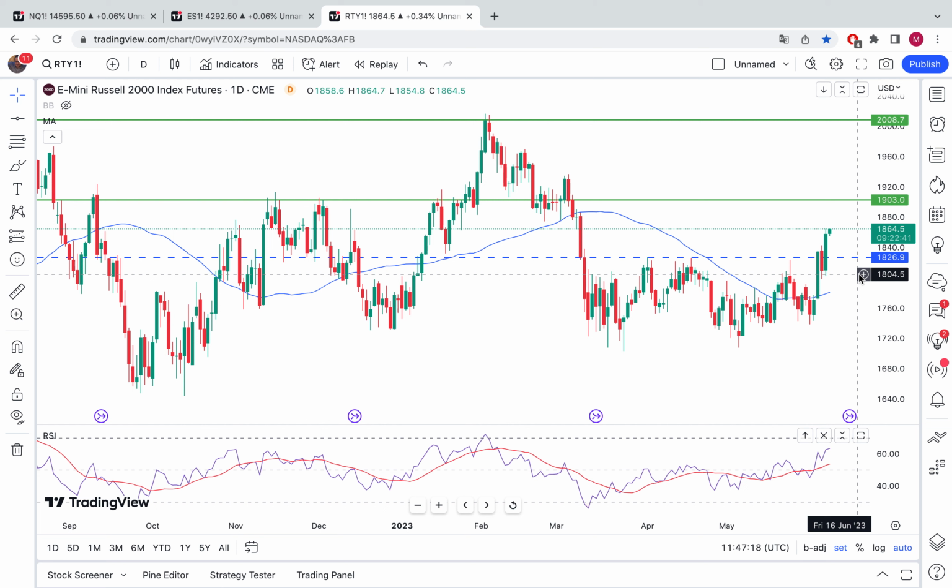Here we can see the comeback of the small caps, especially also with the decision of OPEC and Saudi Arabia about reducing the production of oil. Of course, this has a direct impact on the petroleum companies, and as a consequence, the mini Russell will take benefit from that catalyst.